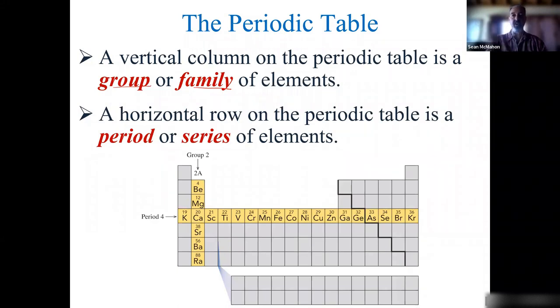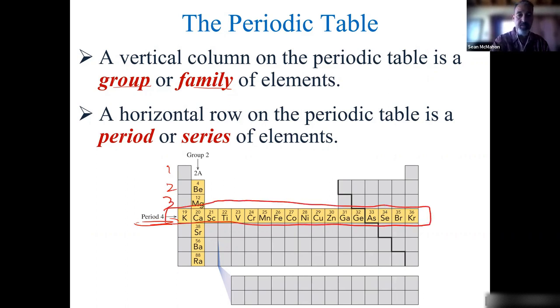But what it does is that helps me. If I told you, all right, on period 4, group 2, write the elemental symbol. You could easily go, okay, well, here's period 4. How do I know that? Here's 1, 2, 3. This is the 4th row. That's my period. And in group 2, well, what do I mean by group?